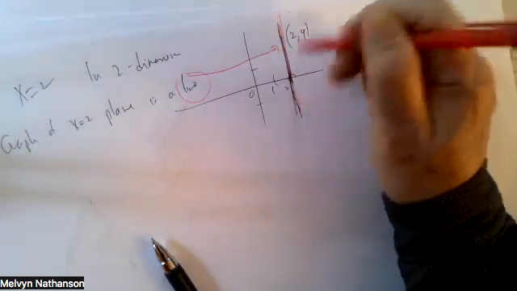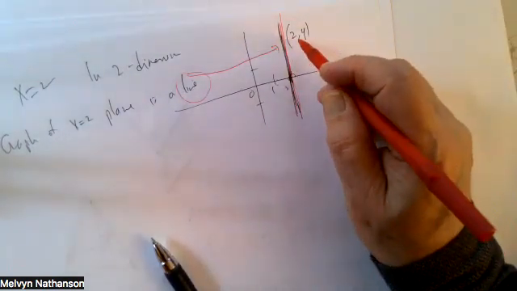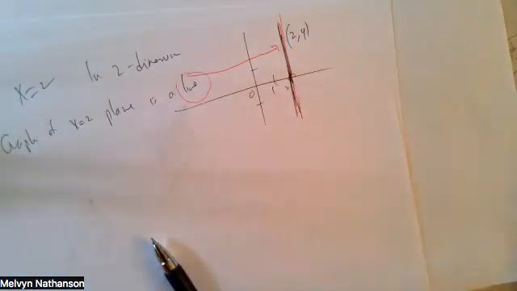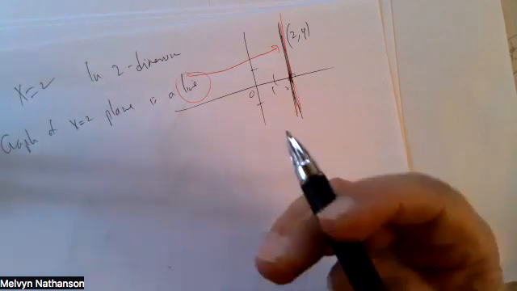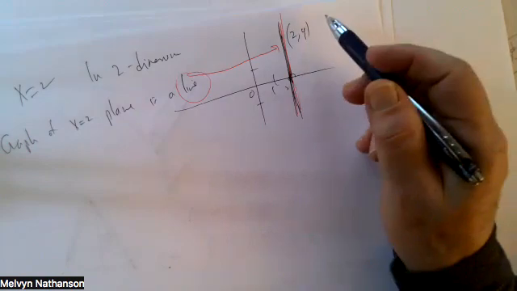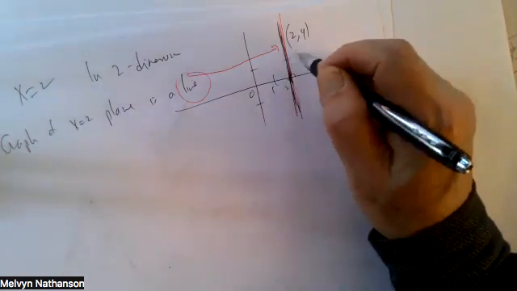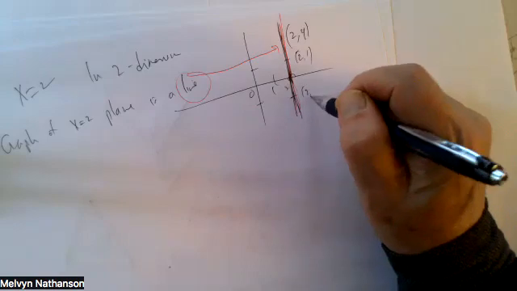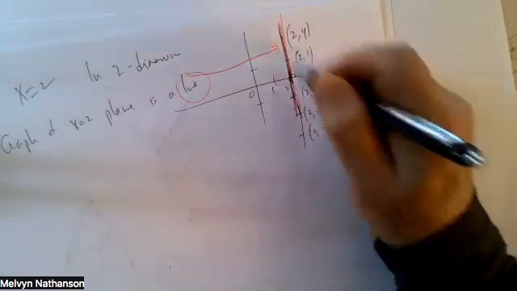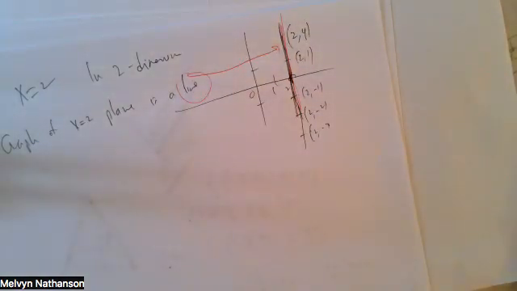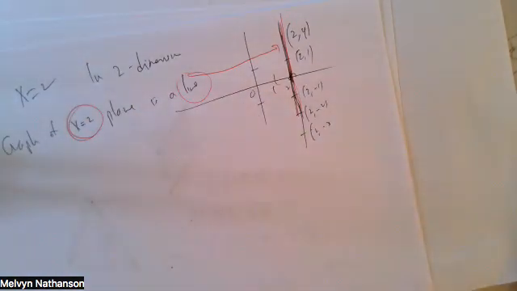Those are all the points in the plane where the x coordinate is equal to 2. Does that make sense? You're just saying find all points where x is 2, y can be anything. So this is (2, 1), this is (2, -1), this is (2, -2), this is (2, -3). These are all the points where x equals 2. That's the graph of the equation x equals 2.